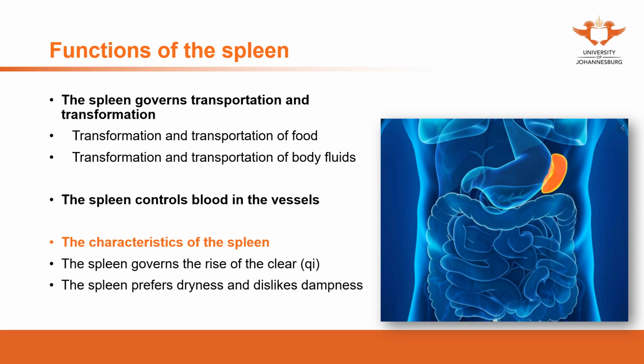So if we understand that this process, the digestive function, needs the support from the spleen yang or spleen qi, then if the patient suffers from spleen qi deficiency or spleen yang deficiency, the patient may present with poor digestive function.